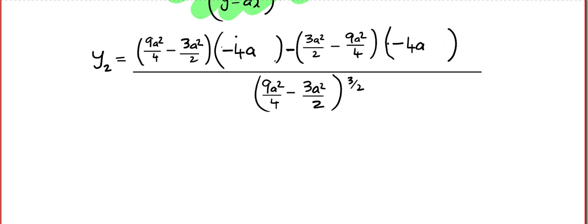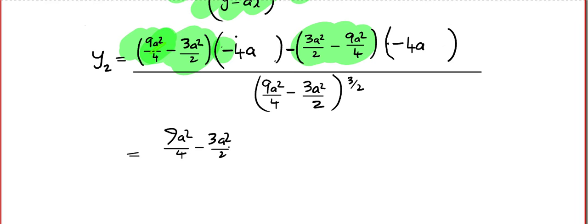And I'm going to make this positive. Okay, now I'll make this positive by reversing the term. So basically I'm going to get this and this to be the same, but I'll use that minus also. So basically we are going to get 9a square by 4 minus 3a square by 2.